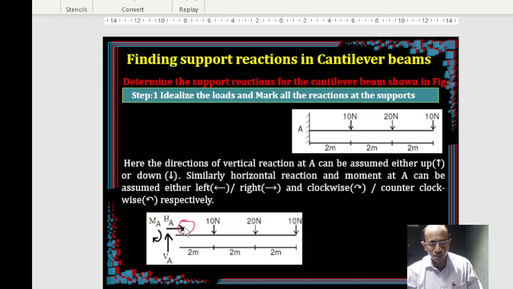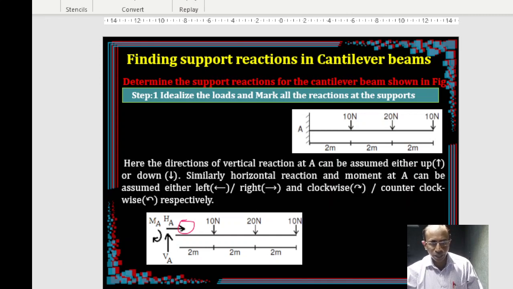You don't have to bother about this, straight away put it 0. If there is no horizontal loading and no inclined load acting on it, straight away put HA to 0, because it doesn't develop resistance. When will it come? When there is a loading acting on that. If there is no loading in the horizontal direction, then what is the meaning of HA? Right? Next, MA you want.